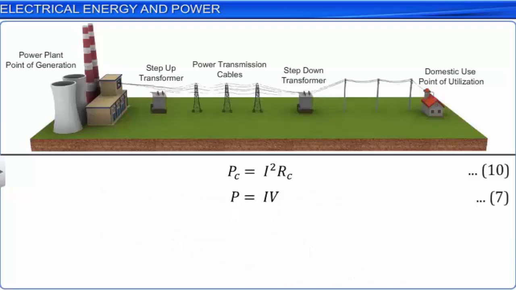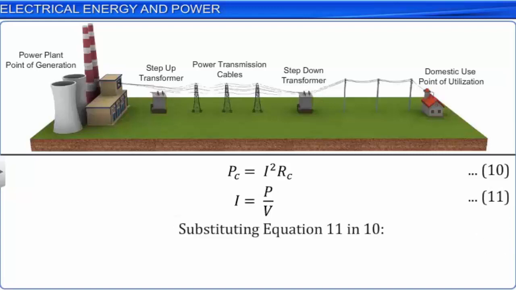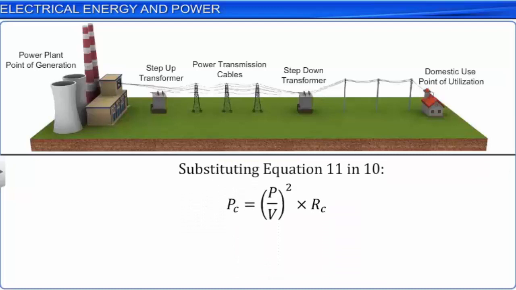Rearranging equation 7, we get I is equal to P by V. Let this be equation 11. Substituting equation 11 in 10, we get PC is equal to (P by V) whole square into RC. That is, PC is equal to P square by V square into RC. Let this be equation 12.